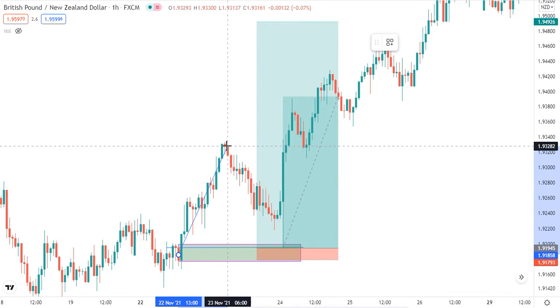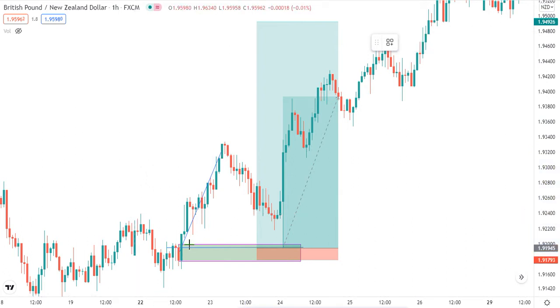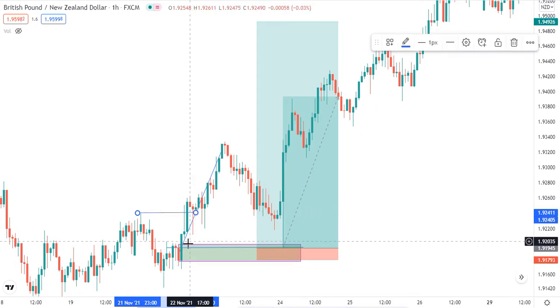This one here breaks the structure, not one, not two, but I think three. You can see this was a market structure. For those who don't understand market structure, they can watch my market structure video on the channel.